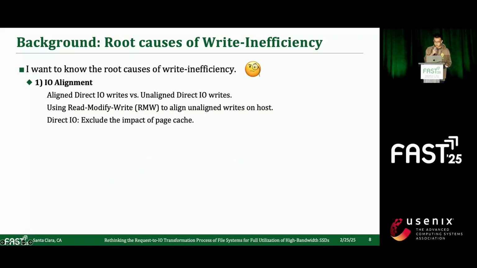So we really want to know what is the root cause of this write inefficiency. First, we use direct I/O mode to exclude the impact of the page cache and compare aligned and unaligned direct I/O writes. For the unaligned writes, we use a read-modify-write operation similar to what the page cache does, to align the writes on the host side.